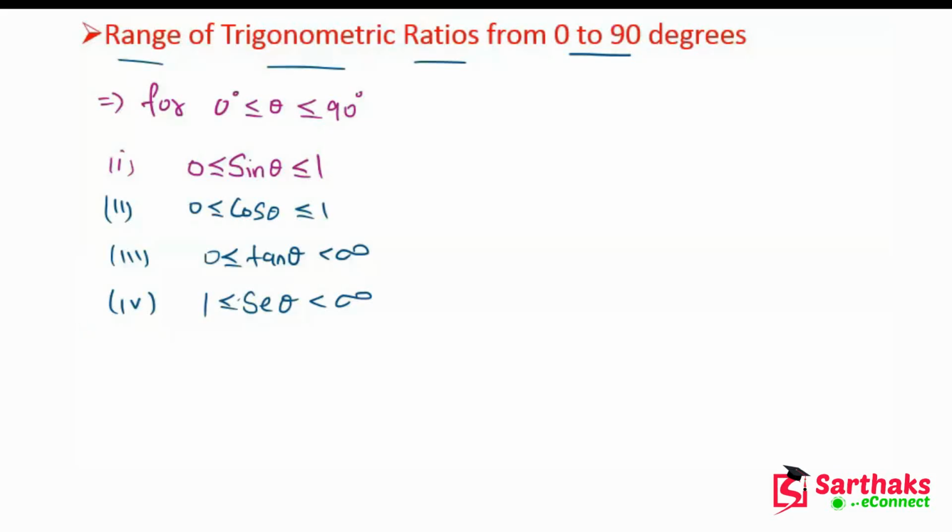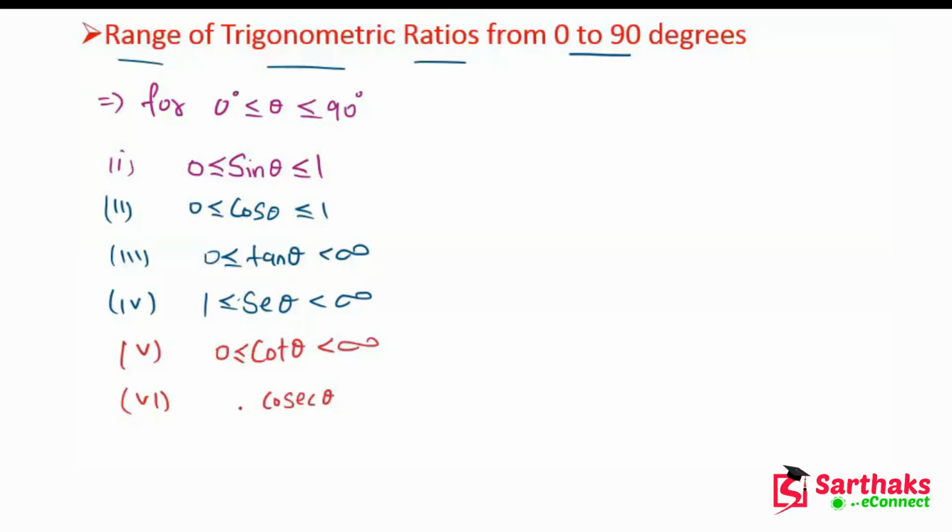Next, if we talk about cot theta, the range of cot theta must be greater than or equal to 0 but less than infinity. The final ratio is cosec theta.